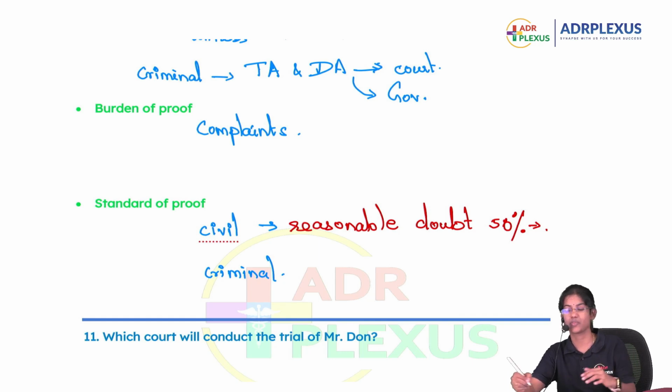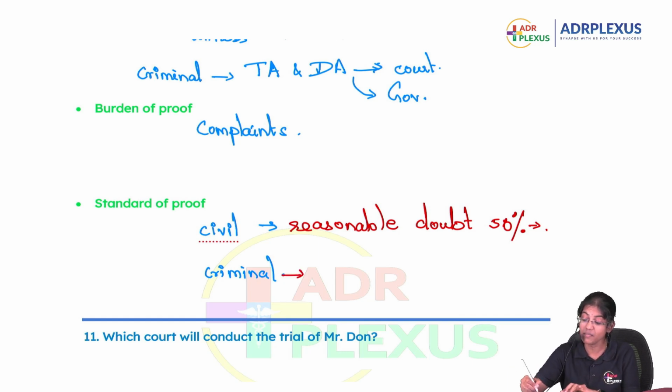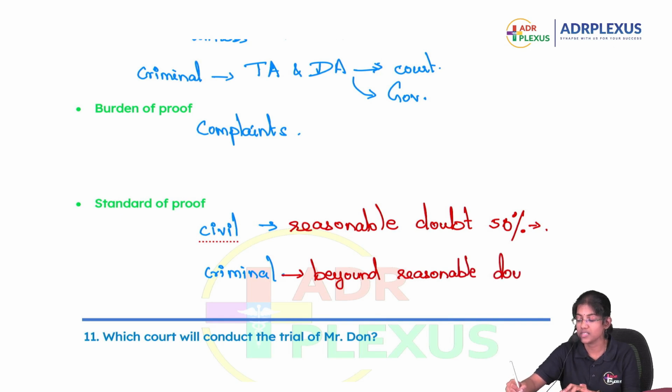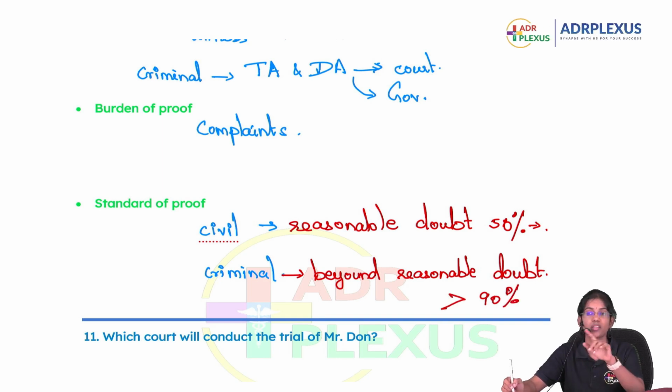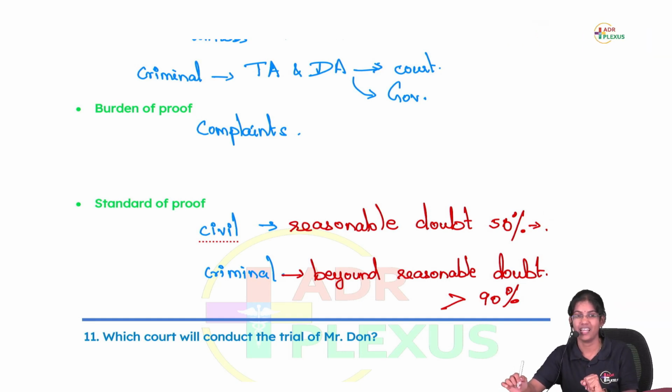With 50-50% chances, punishment can be given. In criminal cases, there is beyond reasonable doubt, which means 90% above. There should be no doubt that this particular person has done the offense. That is the standard of proof that they expect.